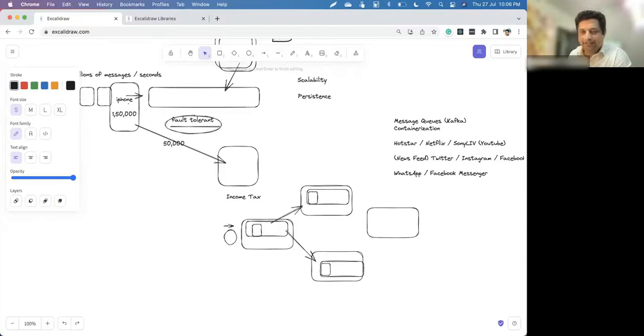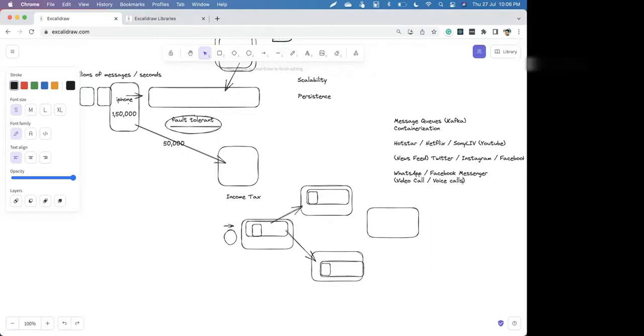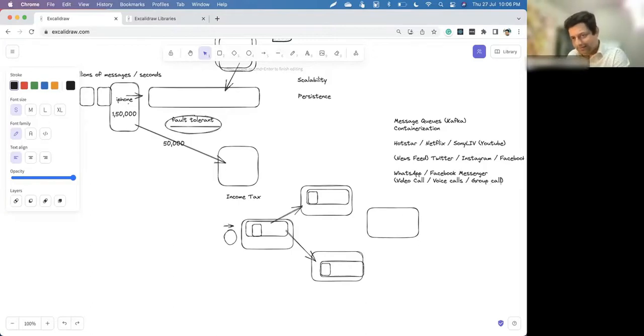But yes, in Facebook or WhatsApp also, we will cover, don't worry about, say, video call, and also we may discuss briefly about voice calls. And there is also group calls, right?